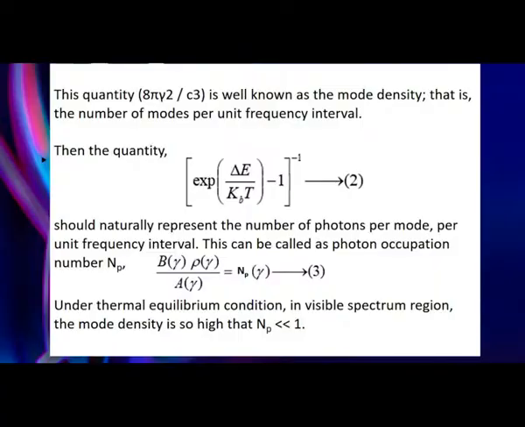You must take it as an exercise. From all the equations that I have given, you can arrive at this equation 3. Now, it means that under thermal equilibrium conditions, in the visible region, the mode density is so high that the photon occupation number is less than 1.